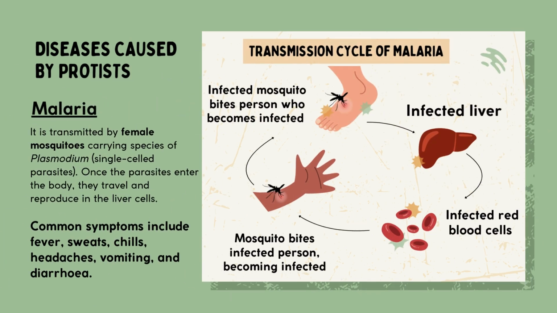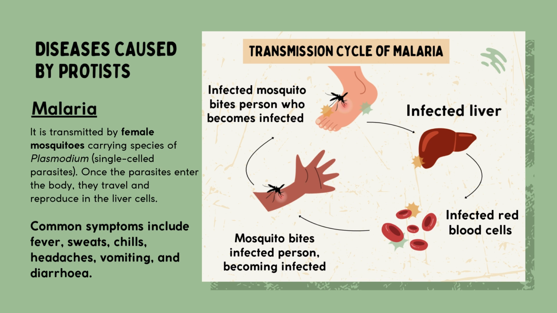Disease caused by protists. Malaria is transmitted by female mosquitoes carrying species of Plasmodium, single-celled parasites. Once the parasites enter the body, they travel and reproduce in the liver cells. If you see the picture here, a mosquito bites an infected person and becomes infected.